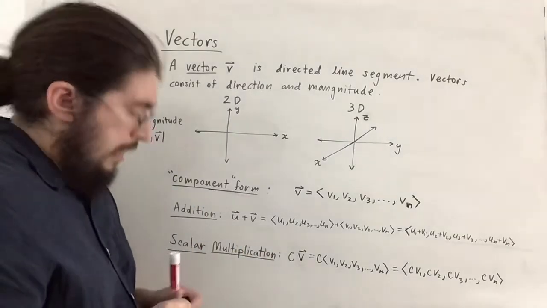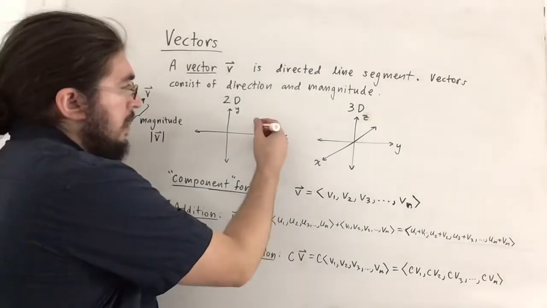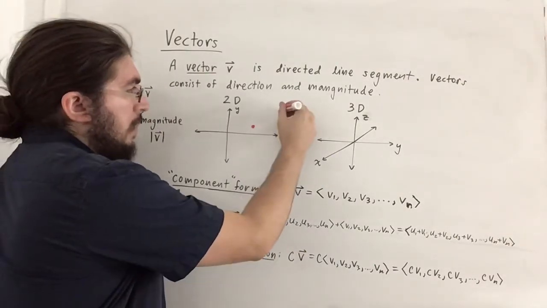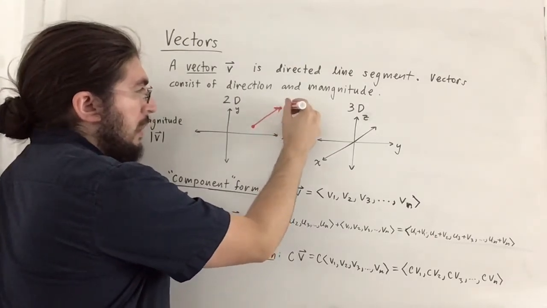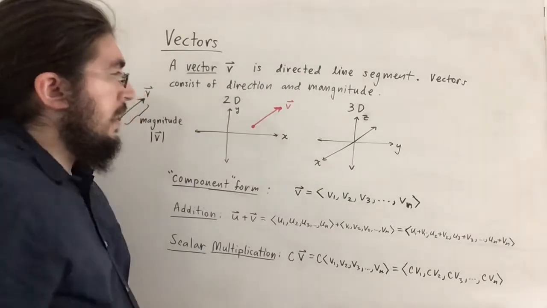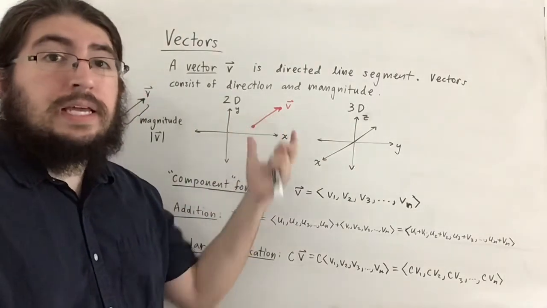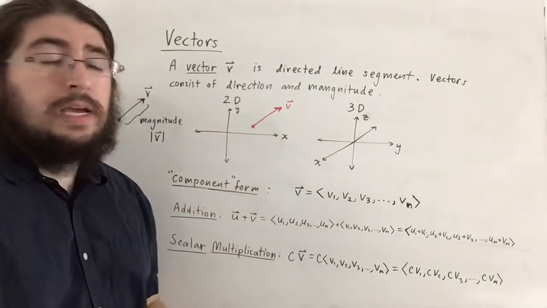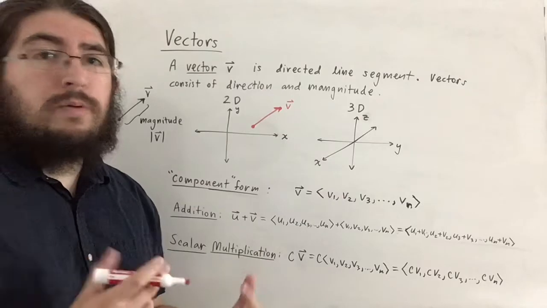Okay, so now, just to give you some examples, let's try to get a visualization here. Let's say we're going from one point to another point in a specific direction, and let's call that vector v. Now, if we have another vector that has the same length and same direction as v, but not necessarily in the same location, then these are considered equivalent vectors.